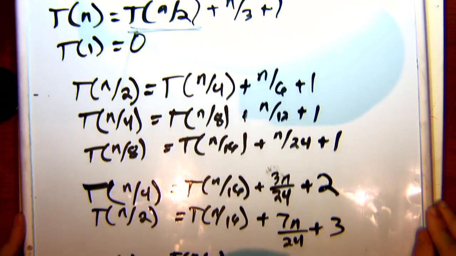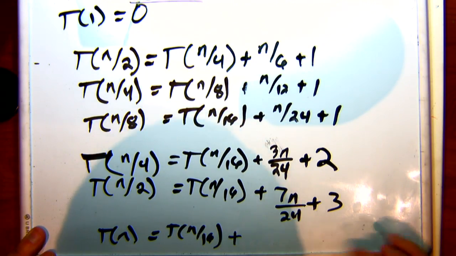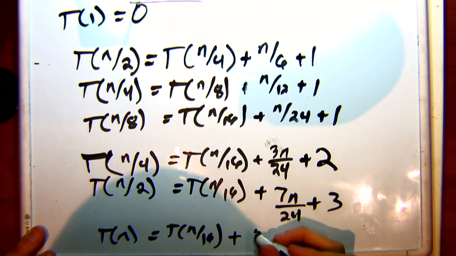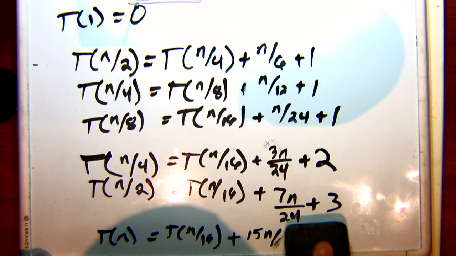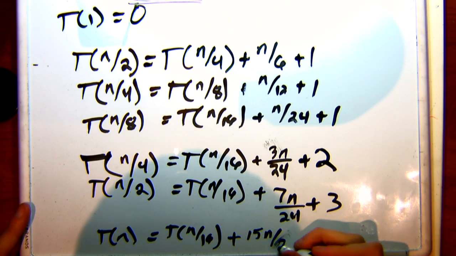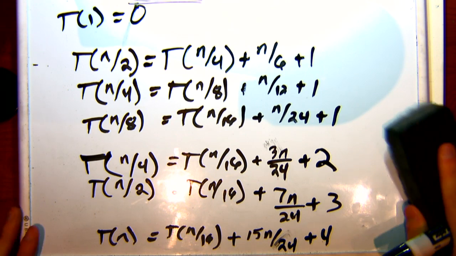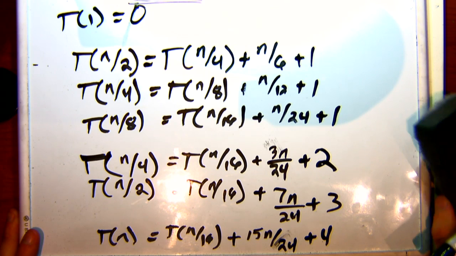Yeah, I'll move it up. And then we have 7n over 24 plus n over 3, which is 15n over 24. All right. If you need to get that down, get it down, because I'm going to have to erase it.